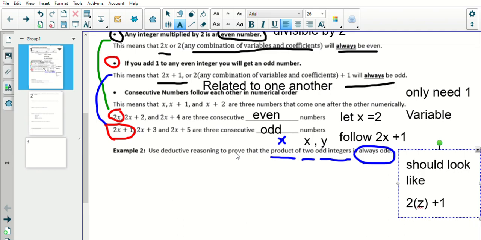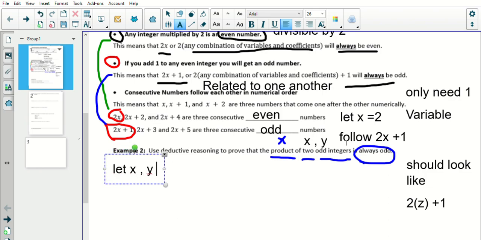Really, there isn't. Okay, so let's start trying to do some math. Well, I know I have to have an x and a y. So I'm going to state, and I should always make a statement when we're dealing with proofs, let x and y represent any integer.